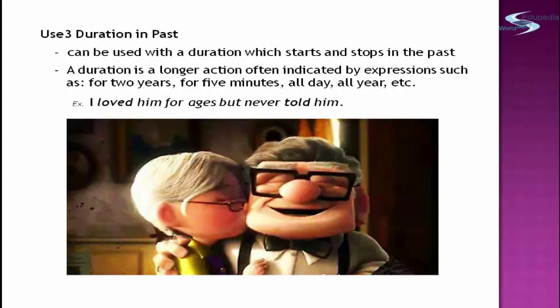I loved him for ages, but never told him. If you can see, the word loved has d, which is past tense, and it is helped by the duration in the past, for ages.